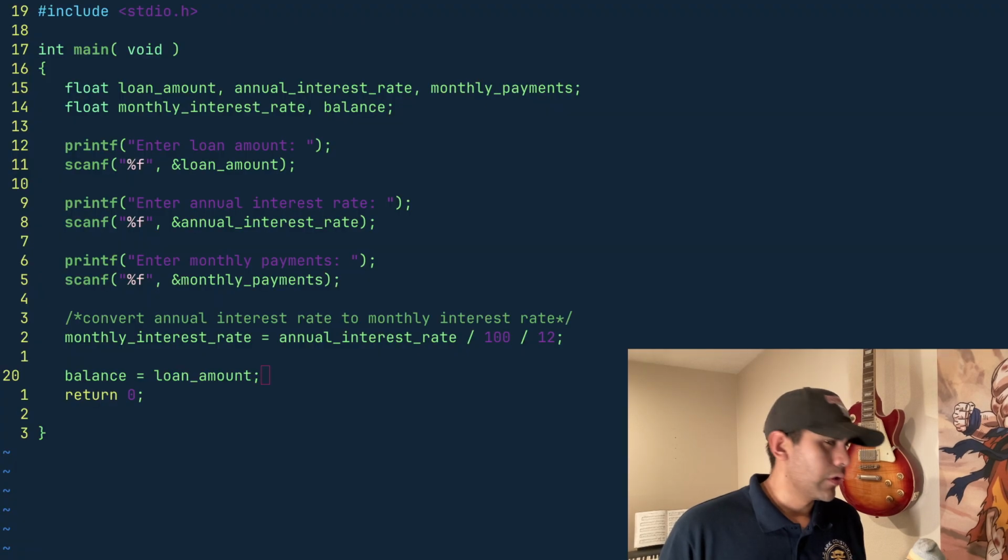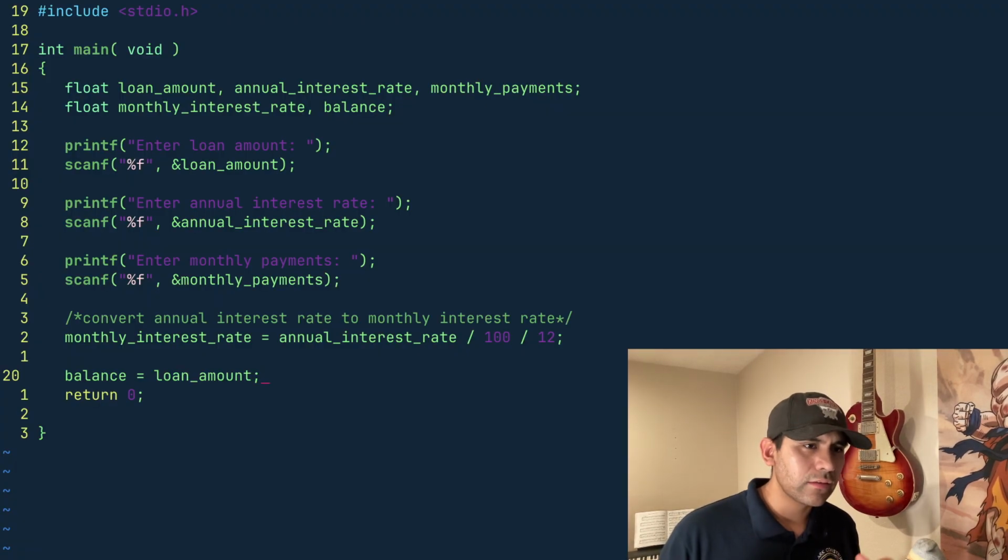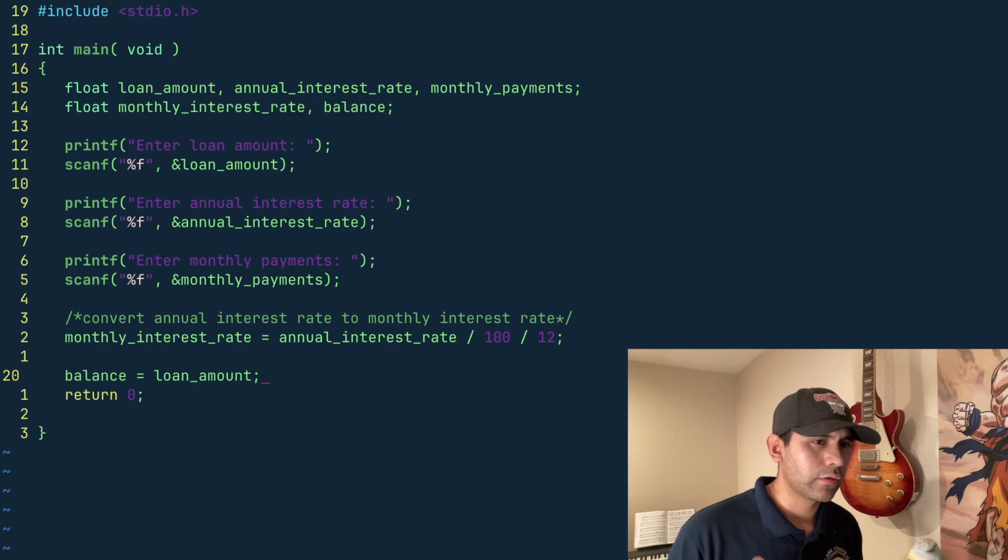Okay, let's go back to our terminal. So we got balance set to loan amount because they start off at the same.